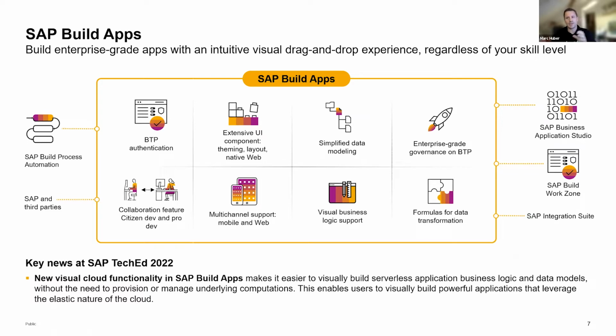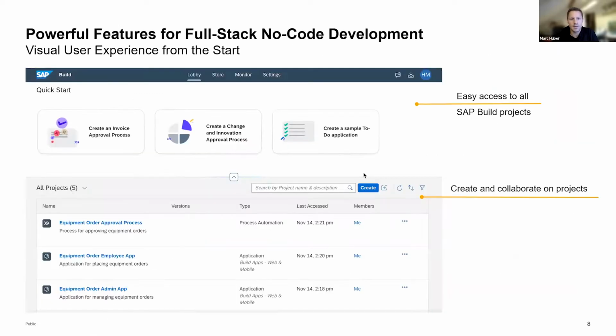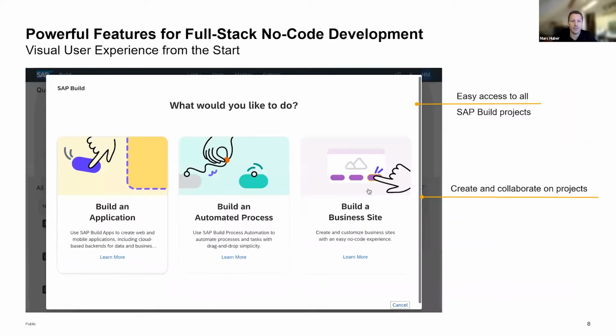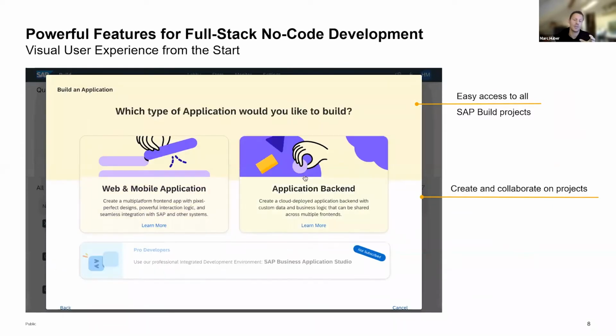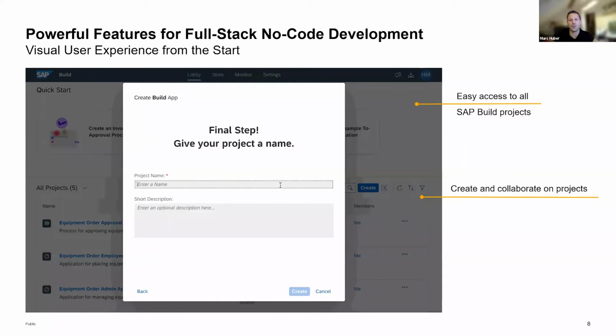And of course, you can connect to other services from our Build Portfolio, like SAP Build Process Automation, or integrate the application into Workzone. Let's have a closer look at the functionalities. So the main entry point that we also use today is what we are calling the lobby.